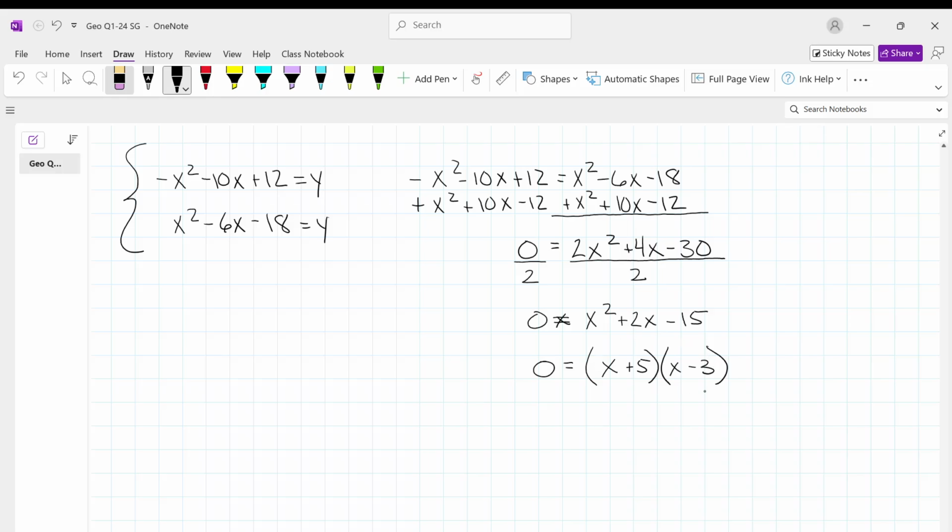So you can set these x's equal to 0, right? X plus 5 equals 0. X minus 3 equals 0. Solve for x.